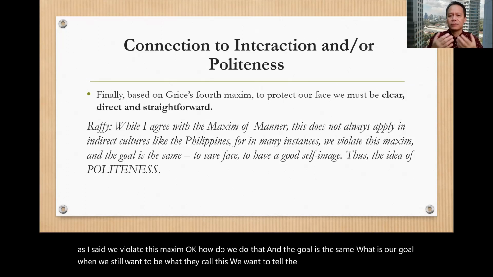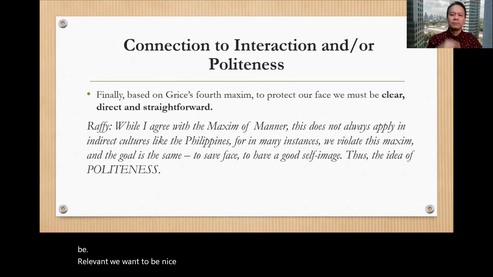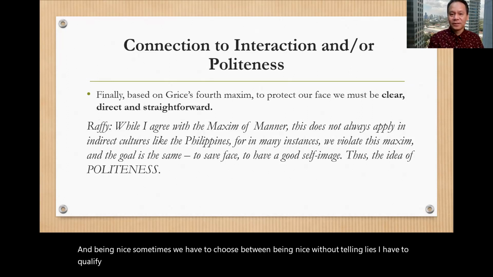We want to be relevant. We want to be nice. However, between being truthful and being nice, sometimes we have to choose between being nice without telling lies. I have to qualify that.